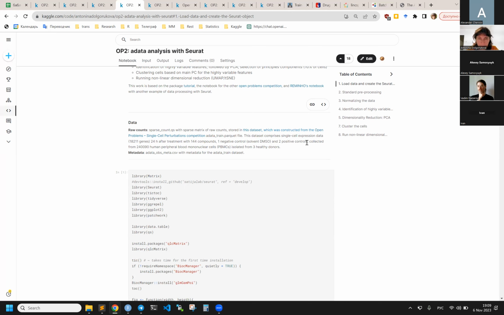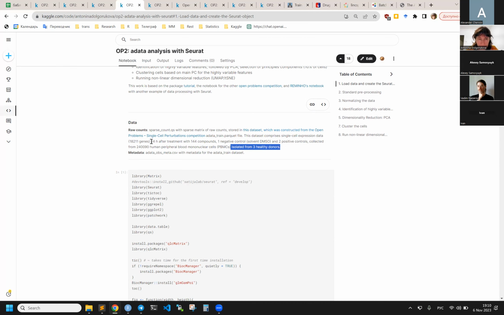All these data were collected from 240,000 human peripheral blood mononuclear cells, which were isolated from 3 healthy donors. So it's a healthy condition here.